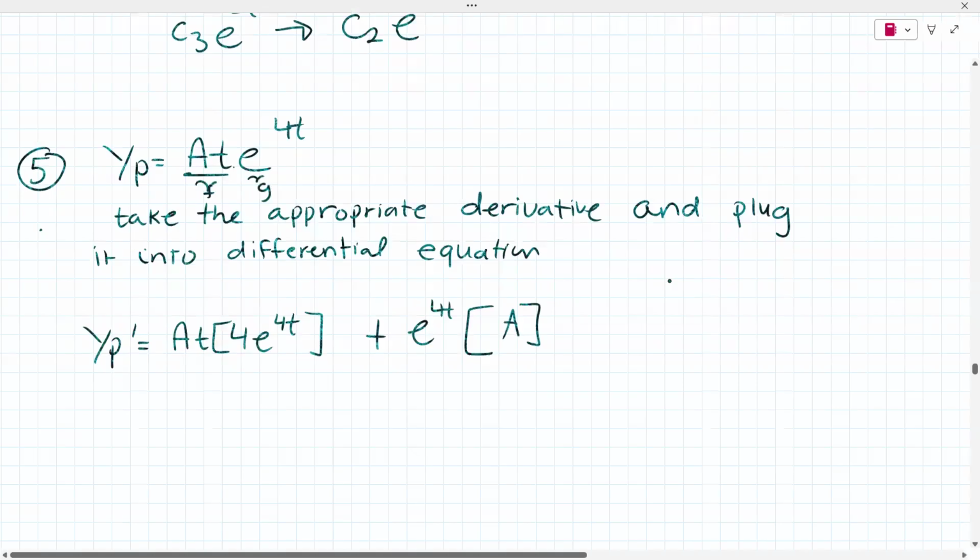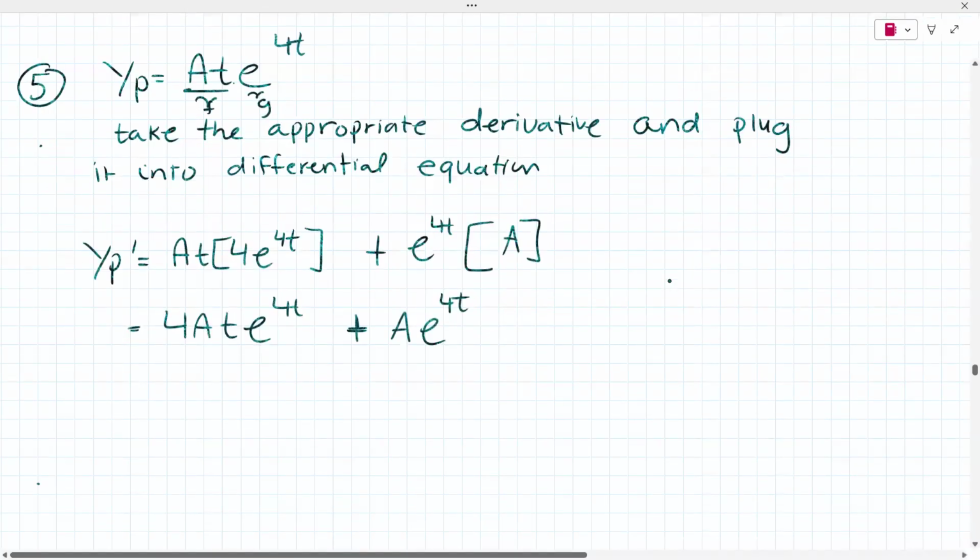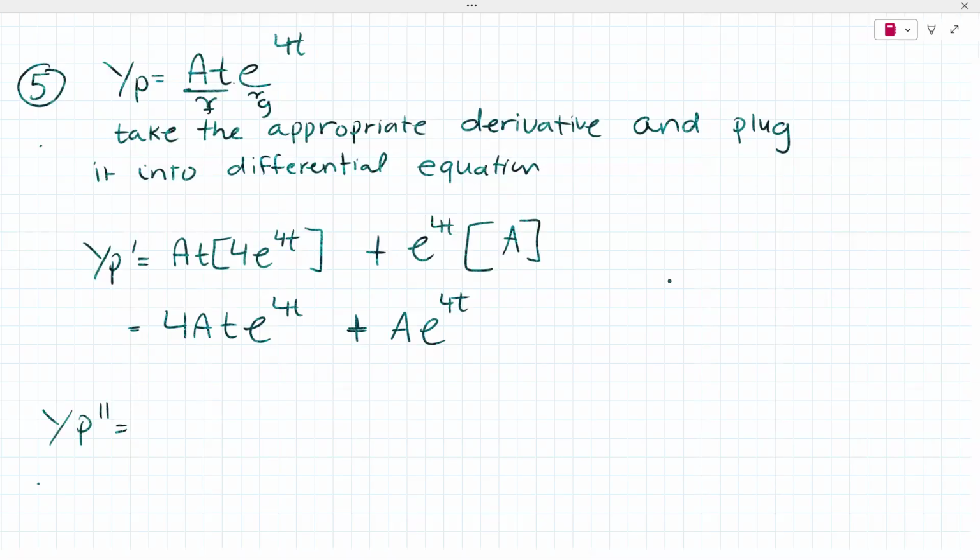If you clean that up a bit, that's going to be 4A t e to the 4t plus A e to the 4t. And then you take y double prime, applying the product rule again.